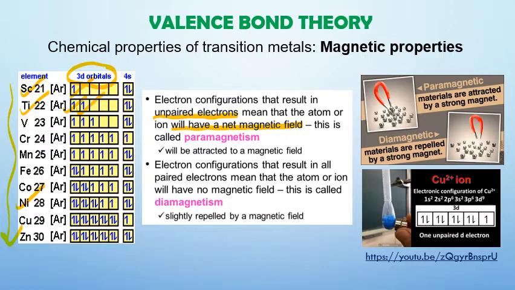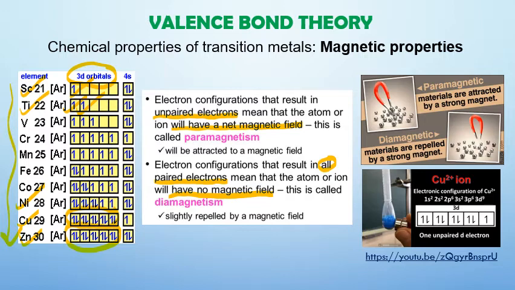However, if the electron configurations result in all paired electrons, for example copper and zinc, with all paired electrons in the 3d orbitals, it means that these two atoms will have no magnetic field, and this is called diamagnetism.